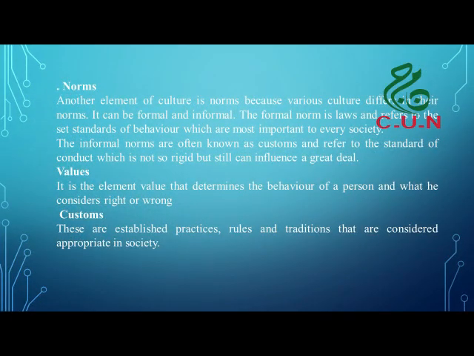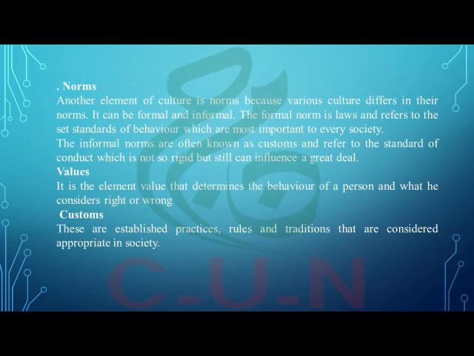The third element is called norms. Because various cultures differ in their norms, they can be formal and informal. The formal norm is laws and refers to the set of standards of behavior which are most important to every society.